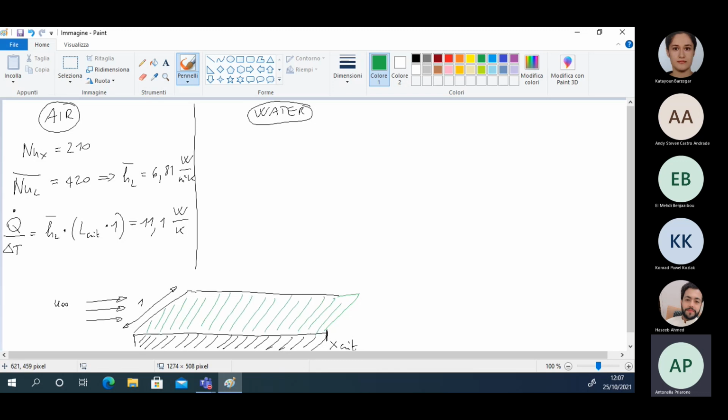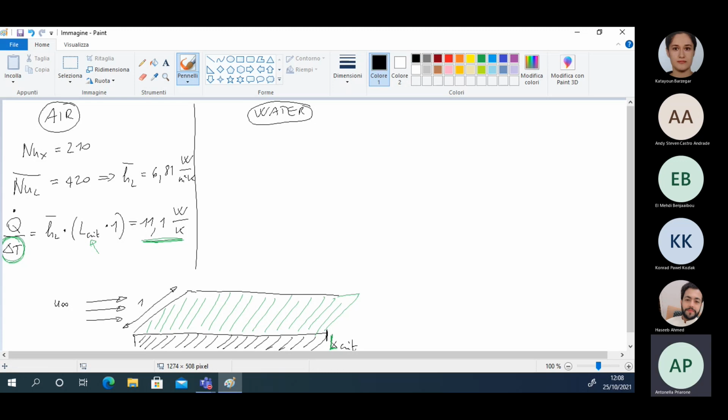The active area is this one, that is L corresponding to X critical, L critical, and 1 in the other direction. For unit delta T, considering a delta T between the fluid and the plate unitary, I can exchange 11.1 watt each Kelvin.